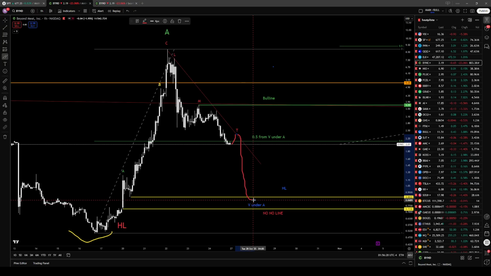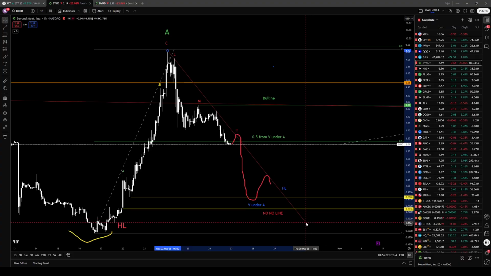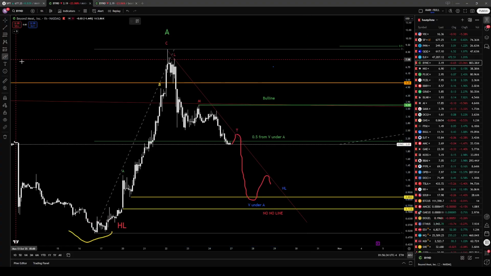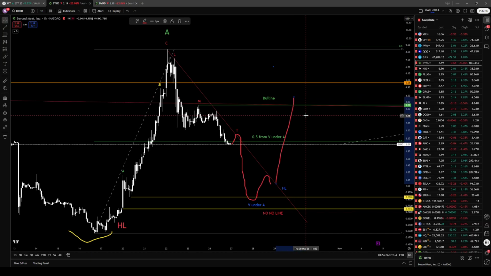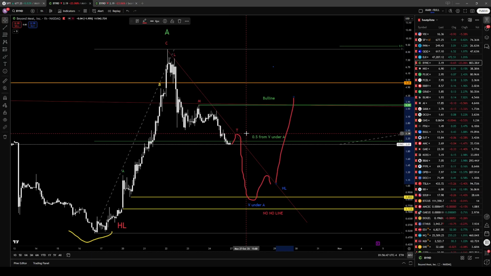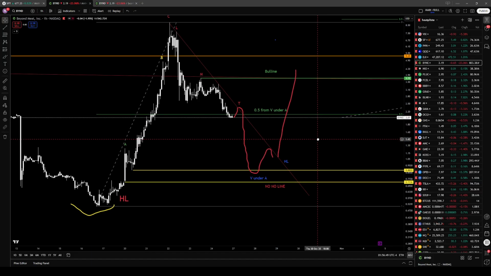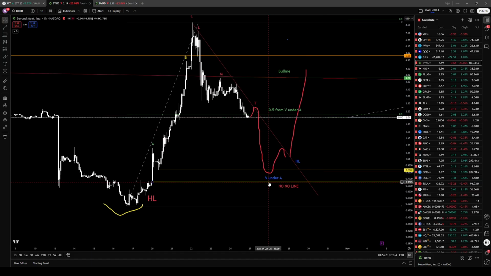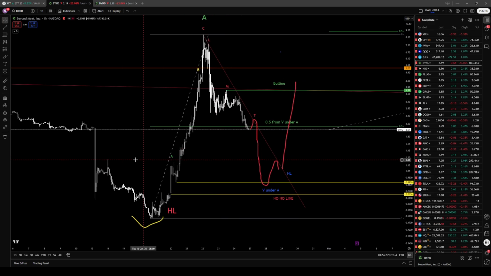You bounce here, make your higher low, and break out. In that case, I would say the confirmation would be breaking 2.36 for bullish. What I don't really want to see is breaking under 73, because I think then this is just over.